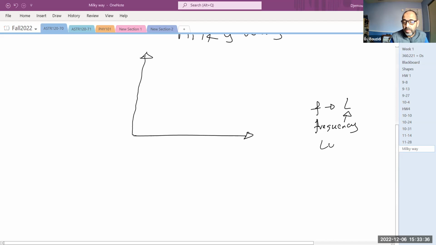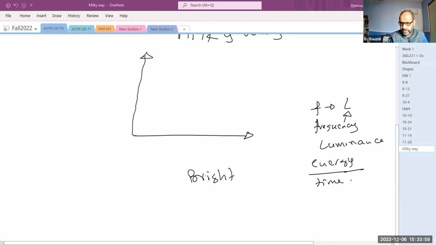Then I can find the luminosity of that star, how much energy is emitted per unit time from that star. Now, if I know that, then I compare that to the brightness of the star. If it is bright, that means it's nearby.